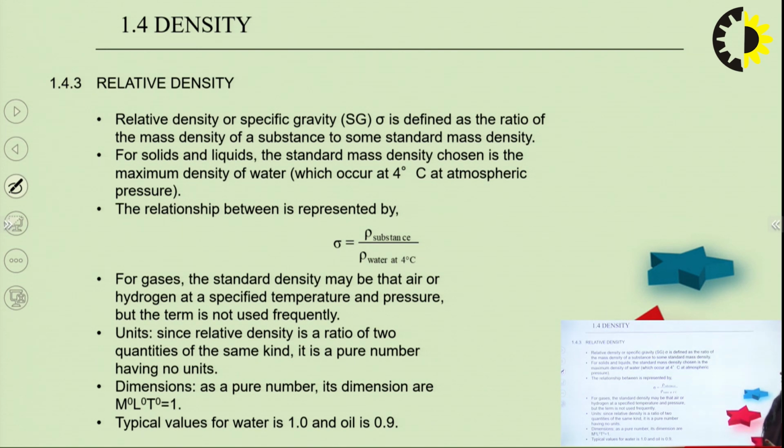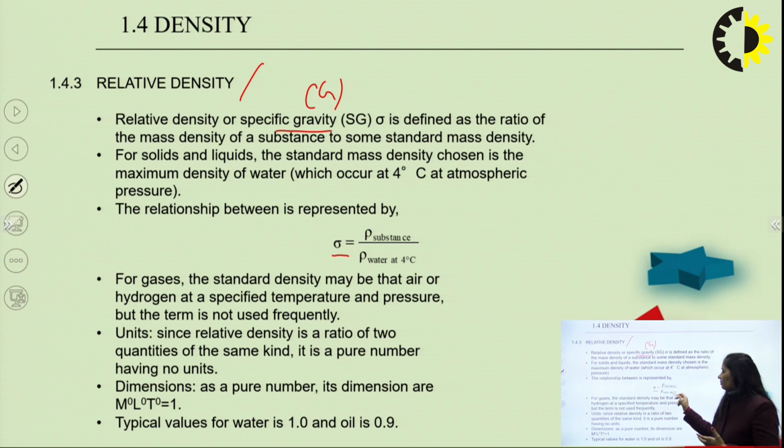Relative density. Relative density is nothing but specific gravity. Specific gravity you can denote as capital G also. Here specific gravity is defined as the ratio of mass density of a substance to some standard mass density. When we formulate specific gravity of any particular fluid, we write the mass density of the particular substance or fluid divided by the mass density of water at 4 degree centigrade.